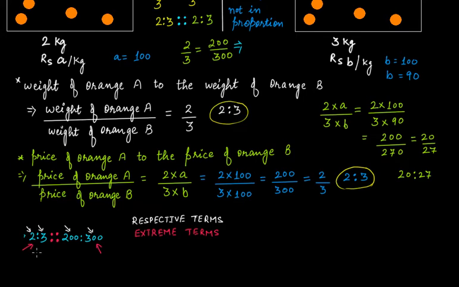And this 3 and this 200 will be called middle terms. So these are some of the terminologies that we will use, and this one is actually the symbol representing proportion.